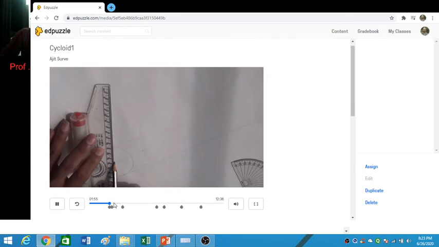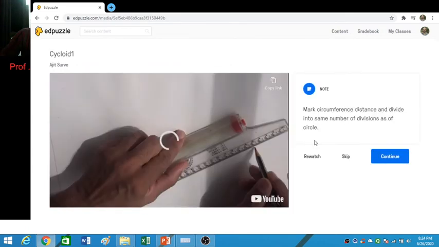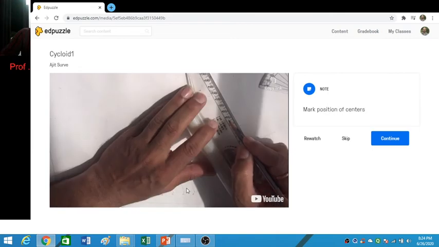So mark the circumferential distance and divide it into the same number of divisions like this one. Again the next step is that you have to then mark the center positions. Yes. So for dividing this circumferential distance, you may consider our method. I already explained you the geometrical construction, so you use that method.